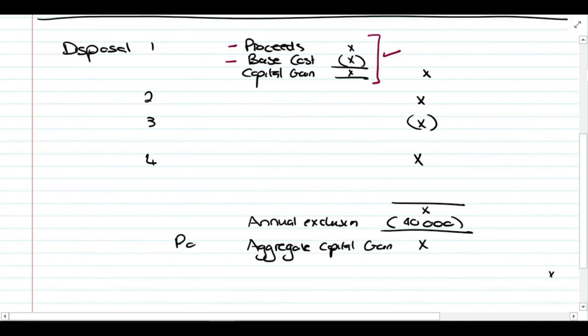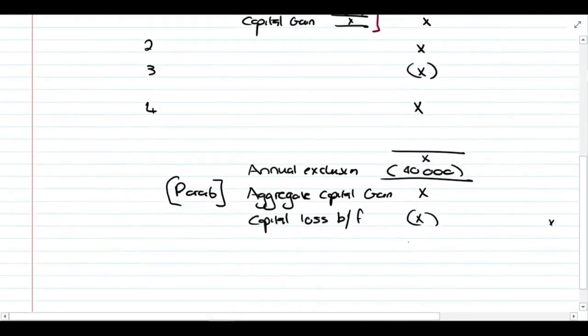Now, you can go and find this in paragraph 6 of the Eighth Schedule. I'm just giving that as a reference. It then tells you to bring any capital loss brought forward from the previous year and to deduct that. And that gives you your net capital gain. That's what paragraph 8 tells us.